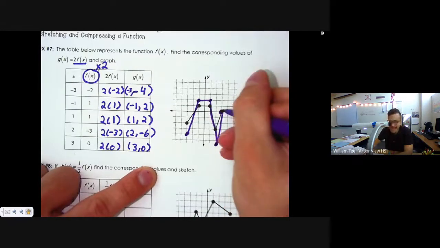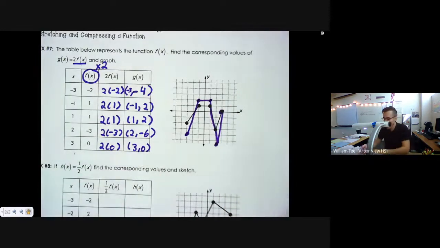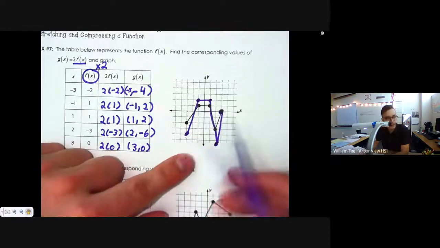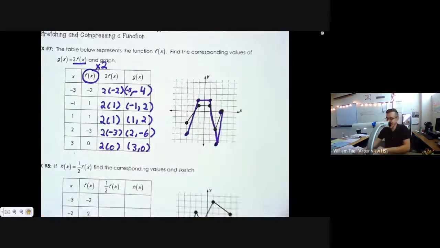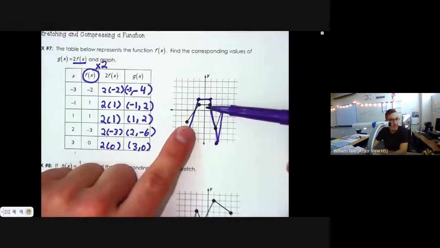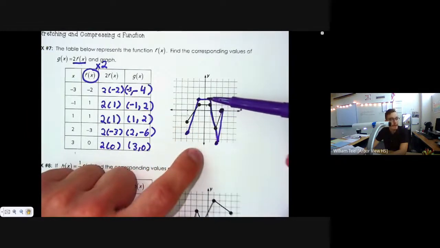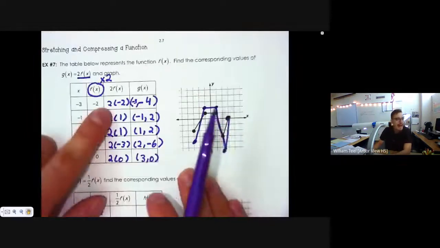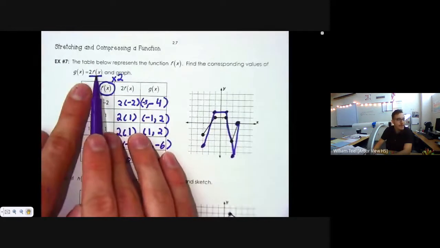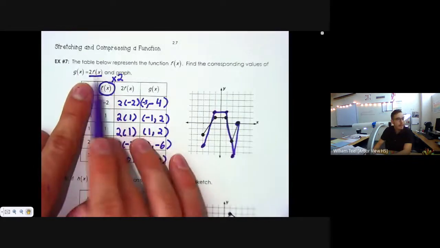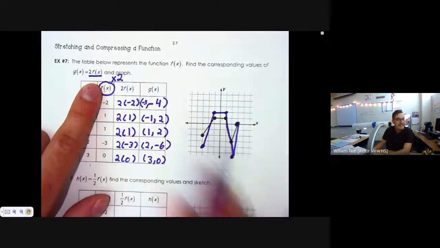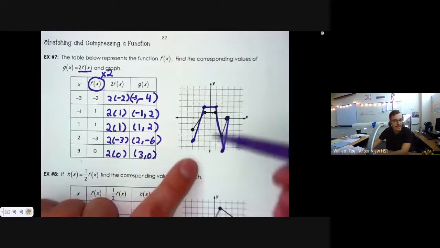And as you can see, all of my points lie above or below those other points, right? So what I have done here, if I'm looking at the original function, I have stretched it vertically. So if I have a positive number that is greater than 1 that I am multiplying f of x by, that means that I am vertically stretching this graph.